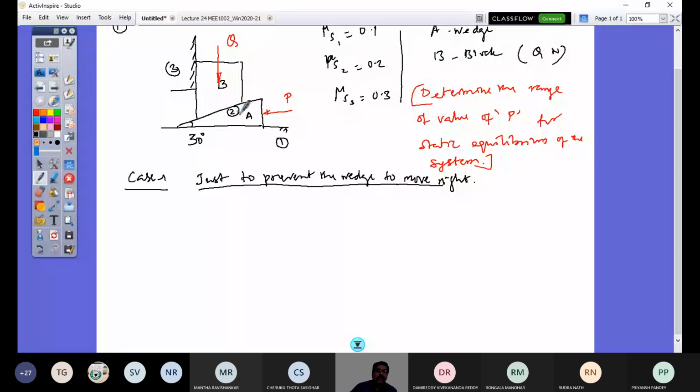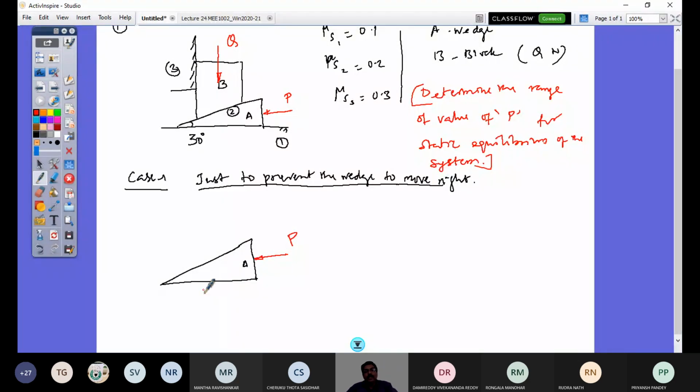So let's draw first the wedge free body diagram. This is A. So in this I have now force P, right? And the motion would be resisted by the friction. So what is the direction of friction?